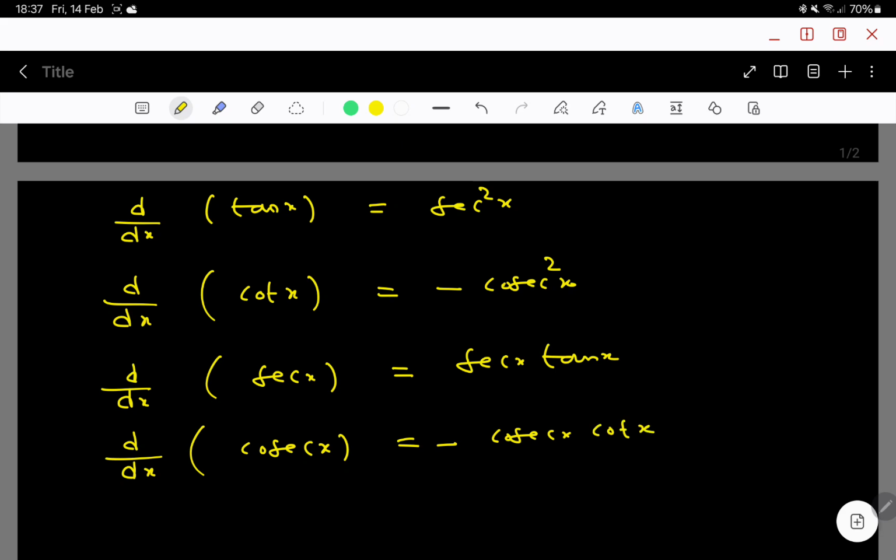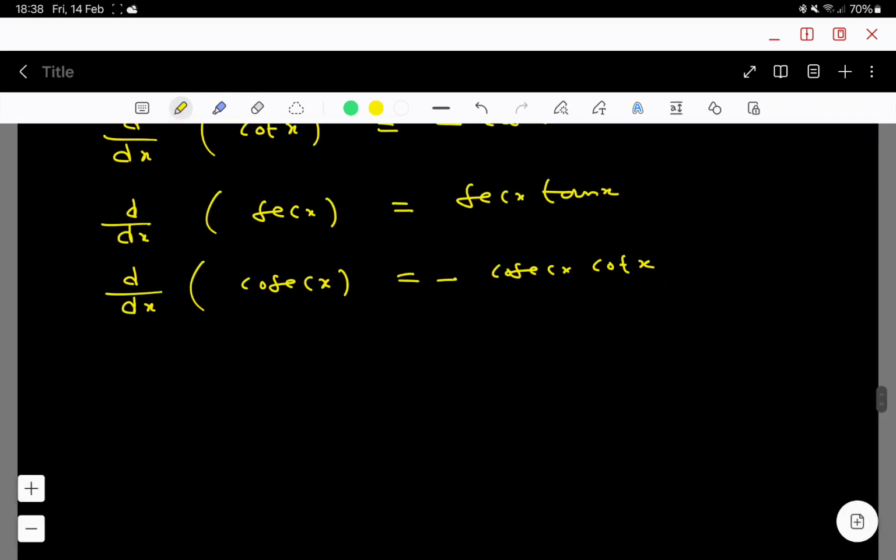Okay, so all the results can be obtained only from the first principle formula method. Okay, next we write the derivative for inverse trigonometric functions. D by dx of sin inverse of x, that is 1 by root of 1 minus x square.